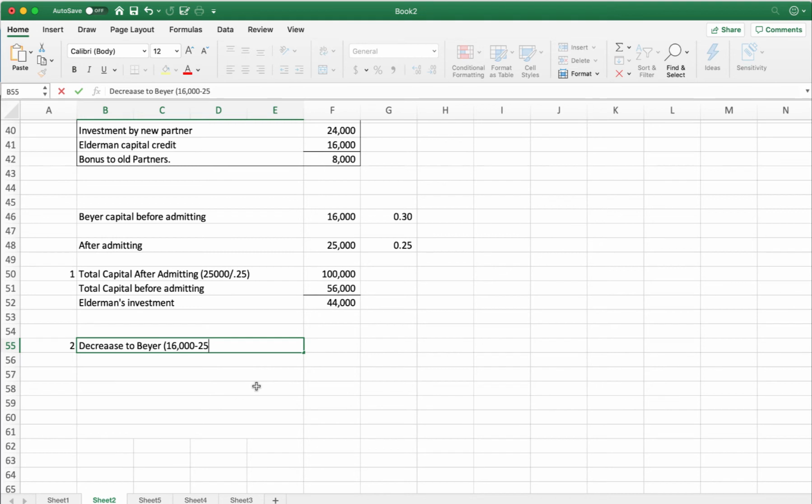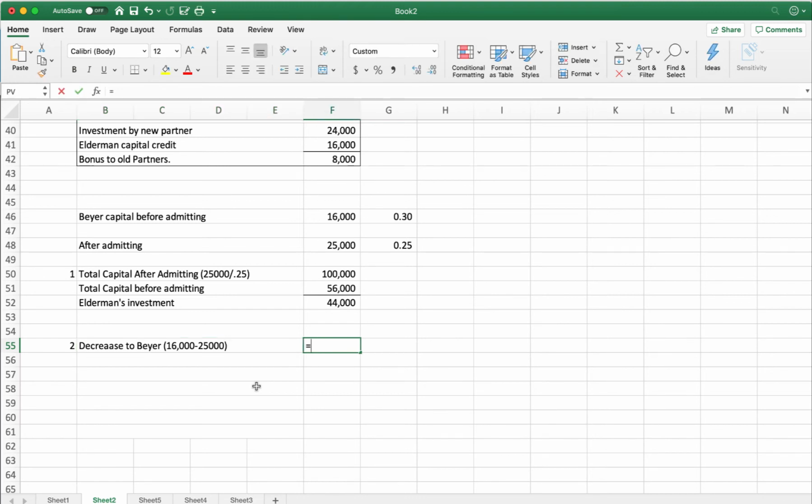So I'm going to subtract out my $25,000. To figure that out, I just run the numbers: 16,000 minus 25. I get negative $9,000. That was the decrease in Bayer.